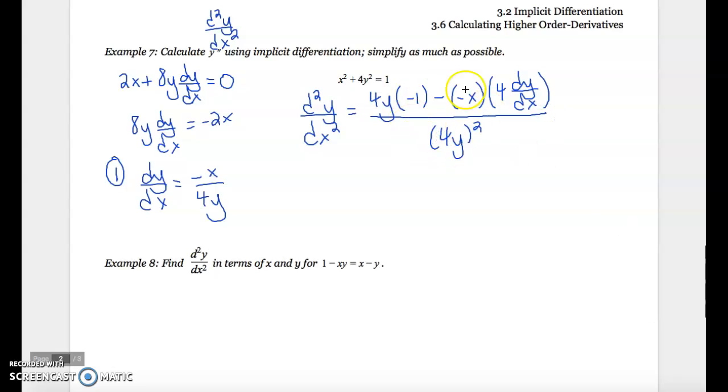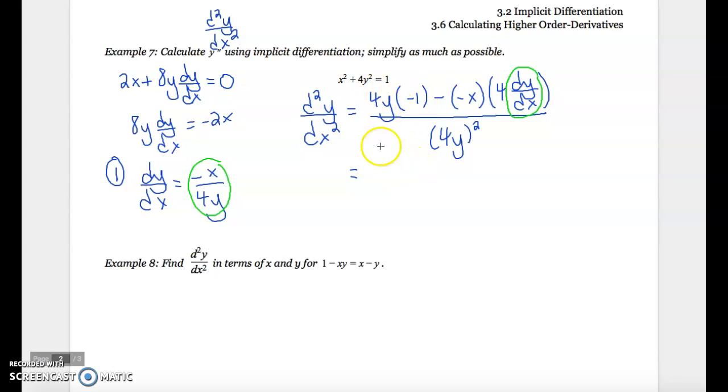Now, this is the piece that you have to watch out for. So this part right here, whoops, not that whole part. We still need this to be squared, thank you very much. This piece right here, dy/dx, we actually know. So you're going to substitute this in for dy/dx, so that we can simplify as much as possible.